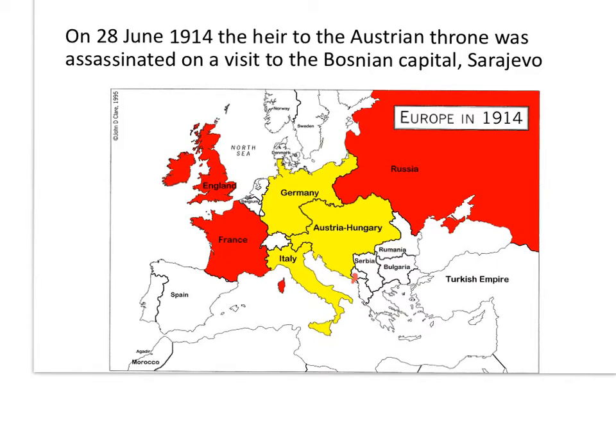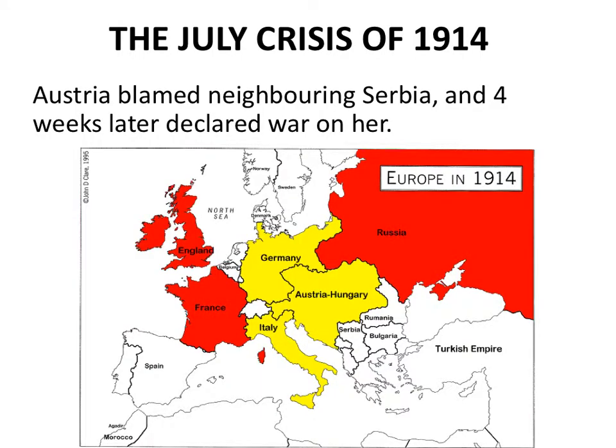That marked the beginning of a prolonged 4-week crisis that culminated in the outbreak of World War I, called the July Crisis. Austria blamed Serbia for the assassination, understandably perhaps, because the terrorist, Gavrilo Princip, a 19-year-old, was Serbian and had crossed the border from Serbia.